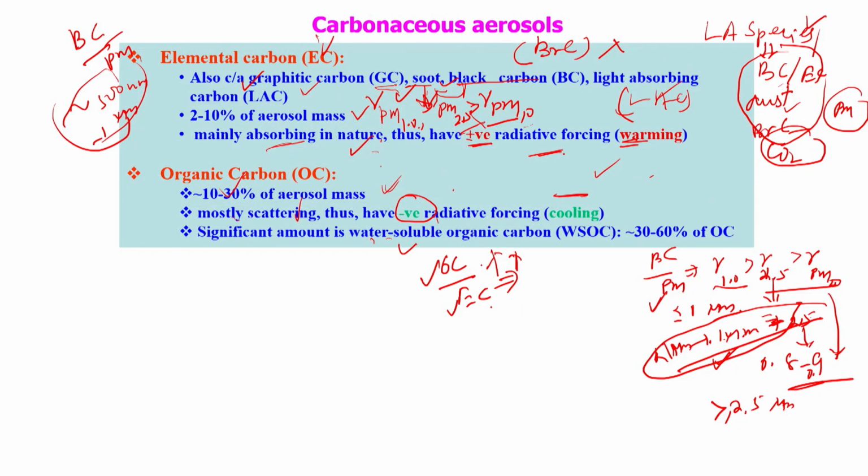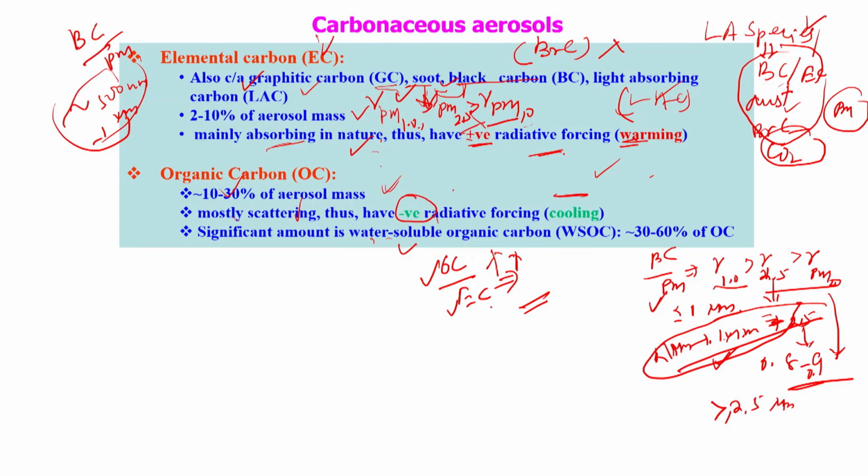Okay. So, this means there will be more scattering compared to the actual absorption that is caused by the elemental carbon. So, when the scattering increases, they will be having more of scattering, or cooling effects. We will discuss these implications in the later slides.